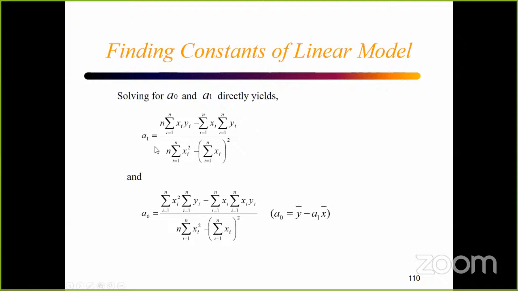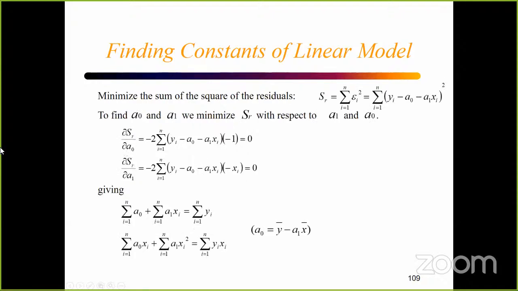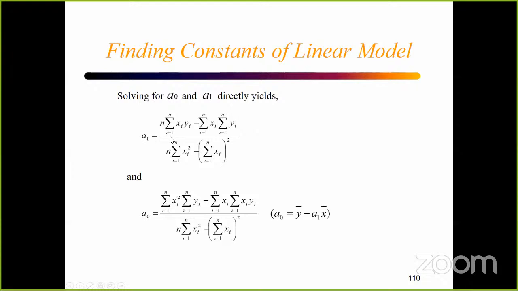Solve these two equations for the variables a0 and a1, which depend on the xi. You will get a1, the slope, as n times sigma xi yi minus sigma xi times sigma yi, over n times sigma xi square minus sigma xi whole square, and a0 in a different format.